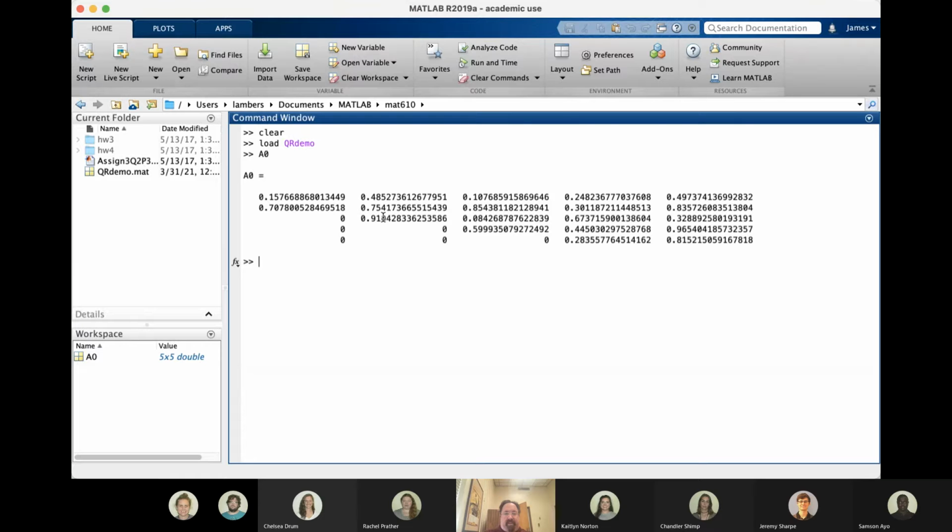Okay, so set A equal to this matrix A0, and for my shift, I will select the n entry, so the 5,5 entry. And actually, first I want to create an identity matrix, just for convenience. Okay, so now I will select the 5,5 entry as my shift, and then I'll compute the QR factorization.